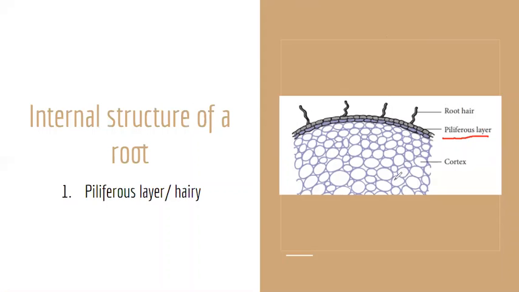This is the special epidermis of young roots whose cells give rise to root hairs, as you can see there. The cells are thin-walled to allow passage of water and mineral salts. As the root tissues mature, a less permeable suberized epidermis replaces the piliferous layer.